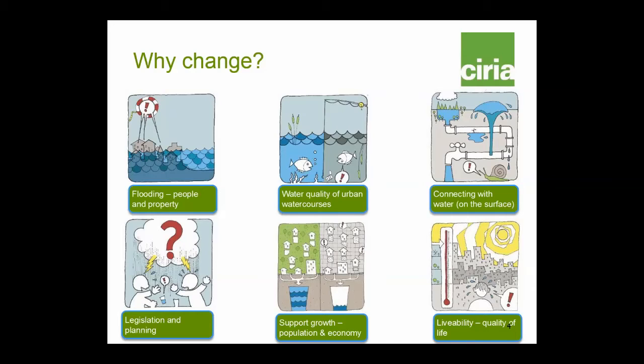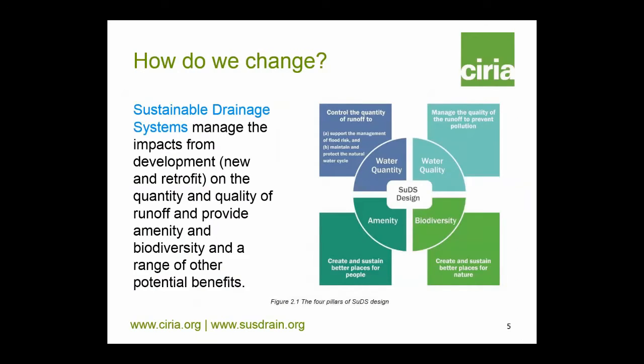Can we improve our urban areas and our quality of life while we also look to manage surface water? So this is really changing from a predominantly piped below ground system to a far better balance of sustainable drainage and grey infrastructure. So how can we change?